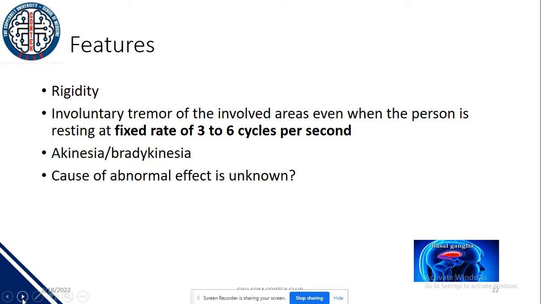Now, we can have akinesia, which is heavy difficulty in making movements, or we can have bradykinesia, which is moderate to severe difficulty in making movements. The cause of the abnormal effects on movement is not much known.